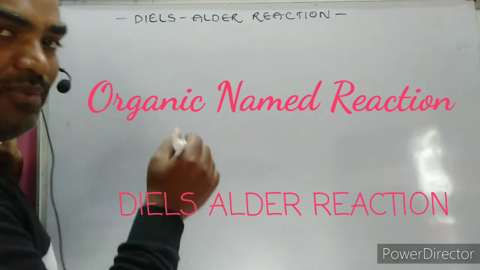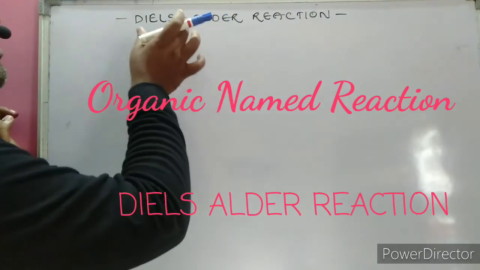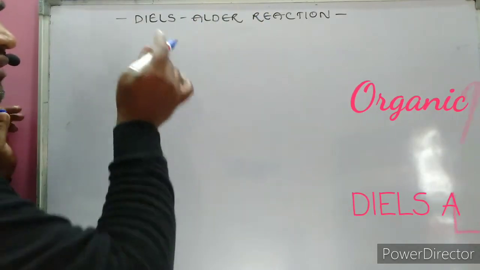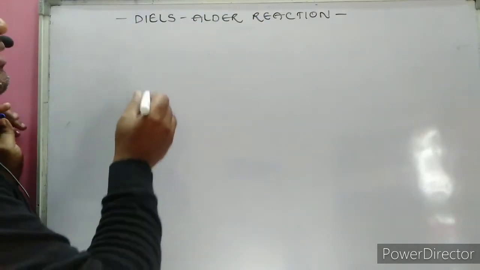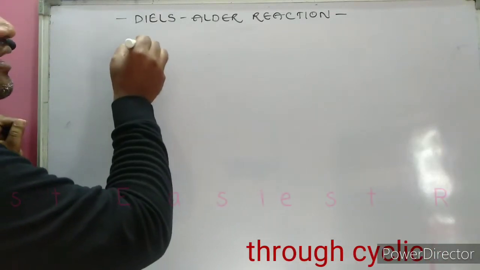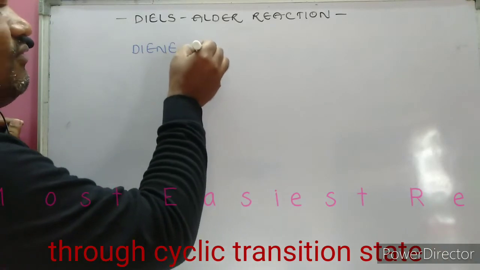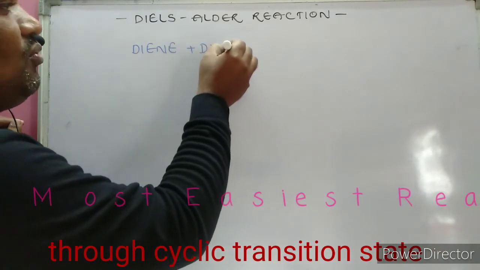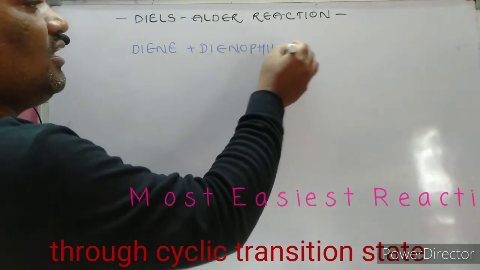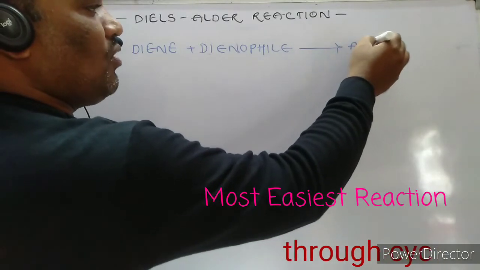Today one of the simplest and easiest named reactions is the Diels-Alder reaction. The meaning of the Diels-Alder reaction is that a diene should be there, and the diene reacts with a dienophile to form an addition product.